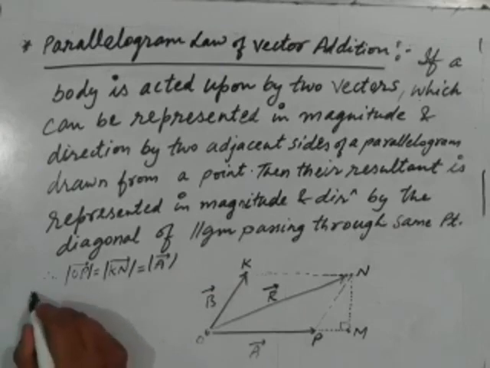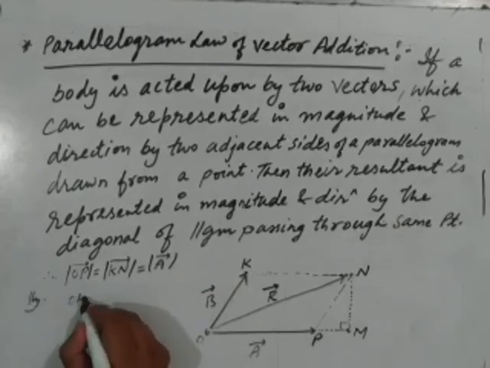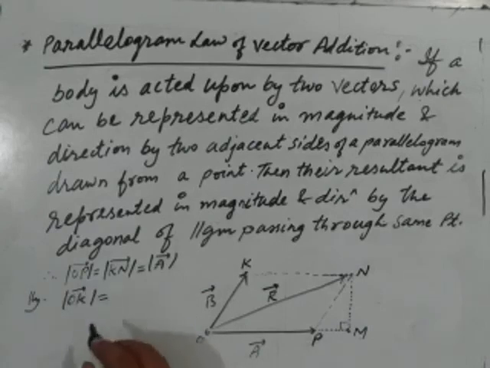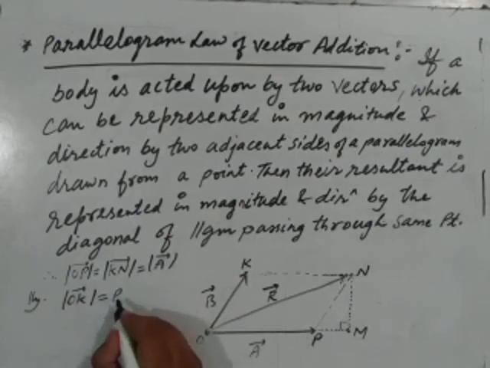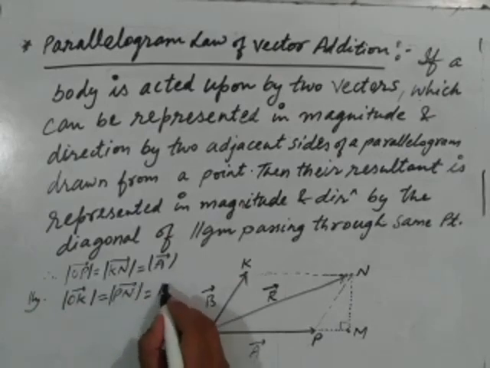Similarly, OK vector magnitude equal to PN vector magnitude equal to B vector.